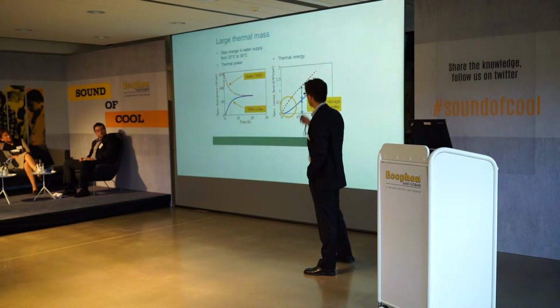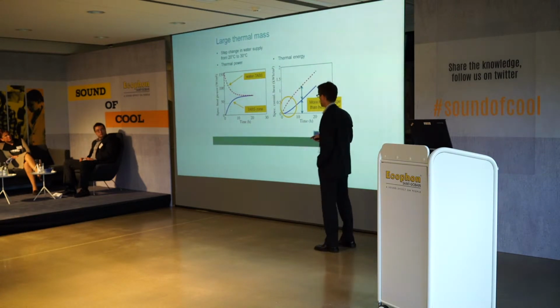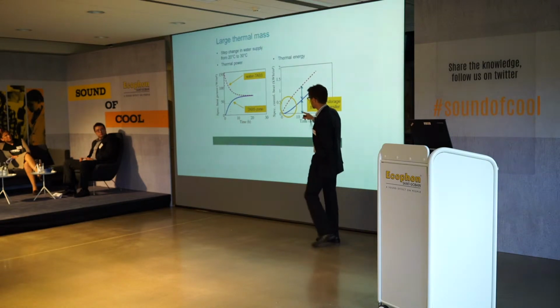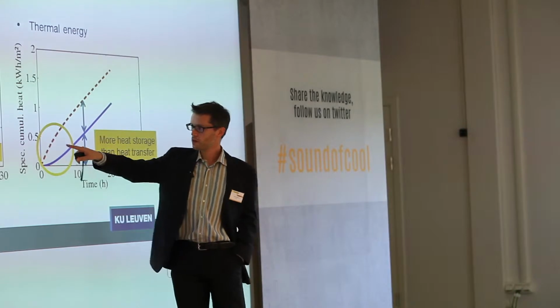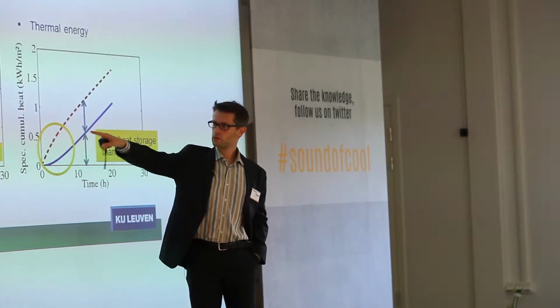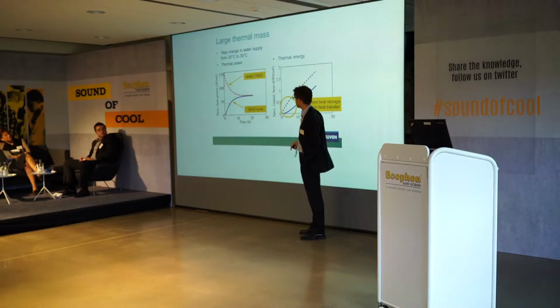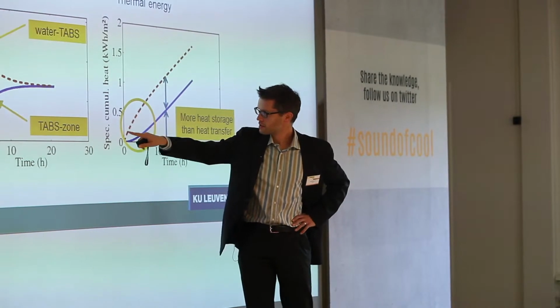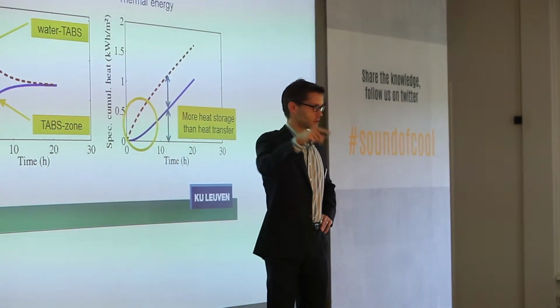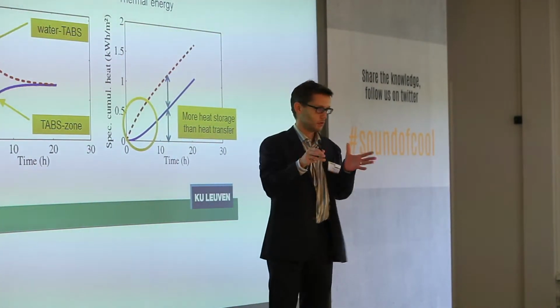That it takes a lot of time. The large thermal mass is also important, certainly for control. Let me explain this. So that's the same graph you had before. This is the amount of energy that is used to do that step of water of 30 degrees injecting into the slab. And what's happening here, this line is the amount of energy the water injects into the TABS, so into the thermal storage.